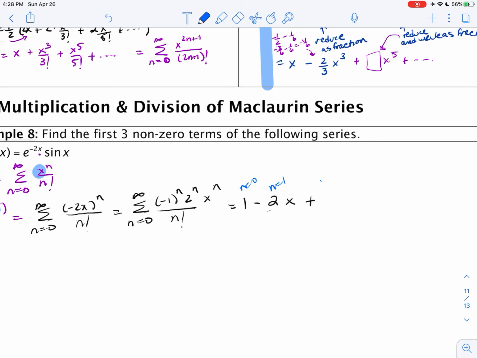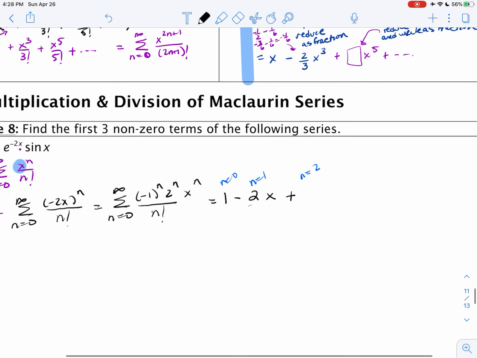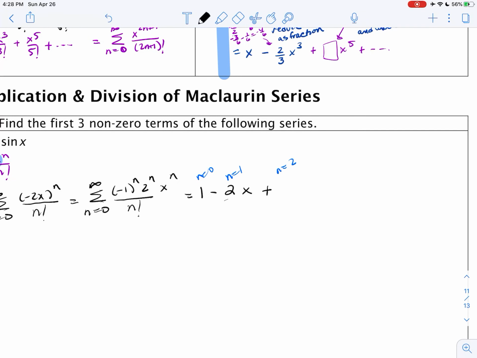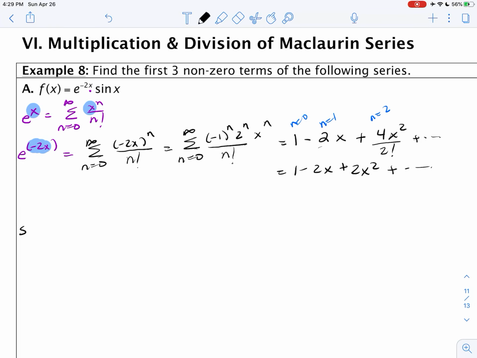Plus, because remember this is when n is equal to 0, this is n equal to 1, this is n equal to 2, and I'm just going to do the first 3 terms, so we have plus negative 1 to the second power times 2 to the second power, which is going to be 4, times x to the second power over 2 factorial plus dot dot dot, and just writing that simplified, I get 1 minus 2x plus 2x squared.